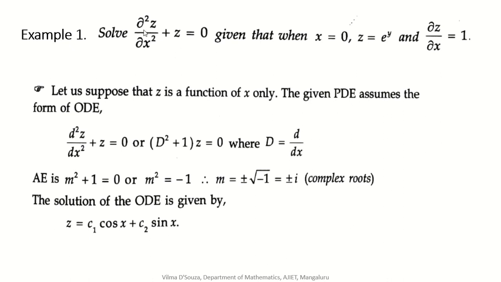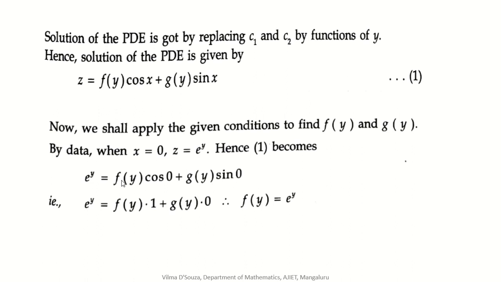So in order to get the solution of the PDE, you replace these constants by functions of y, because when you are differentiating with respect to x, y is regarded as constant. So let these be f(y) and g(y). So z = f(y) cos x + g(y) sin x.